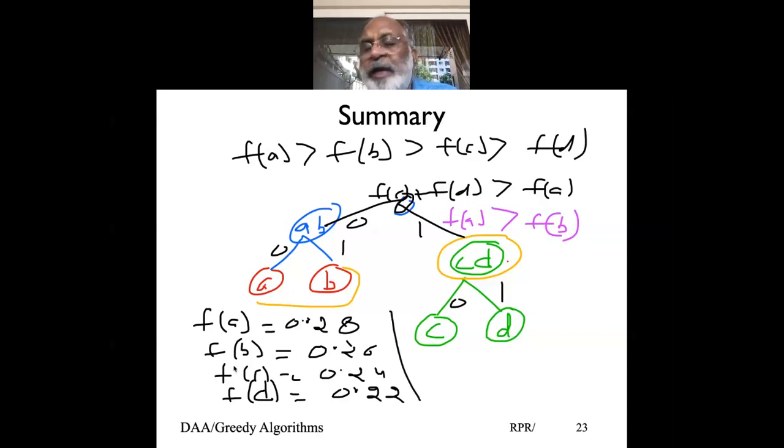If you build an assignment, each alphabet would end up getting two bits. But other frequency cases will work out differently. That's what you need to look at. So I'm done for today.